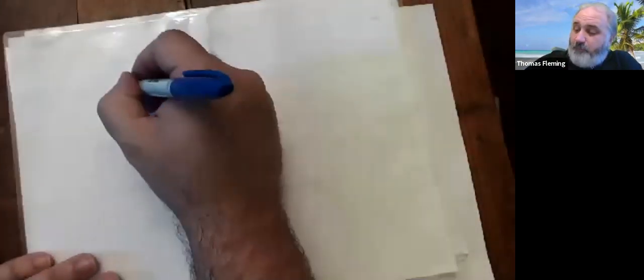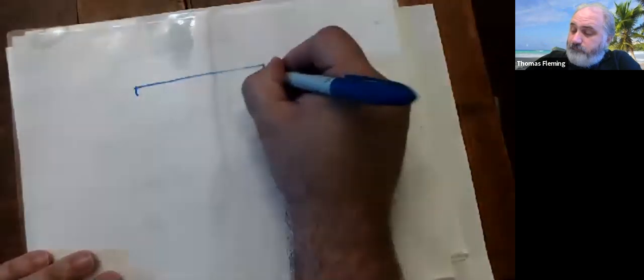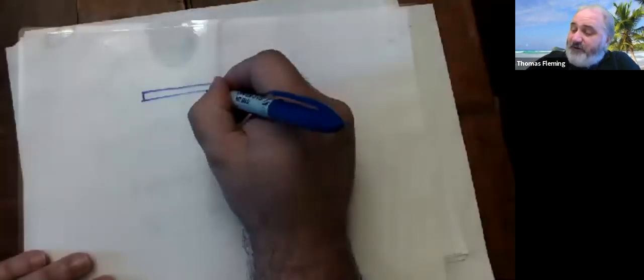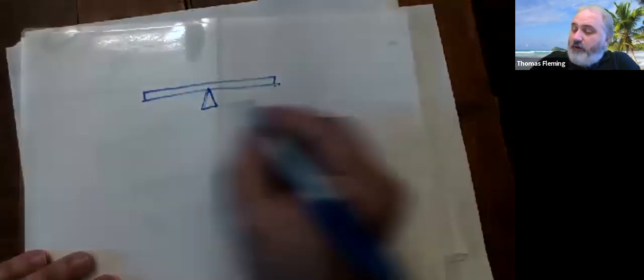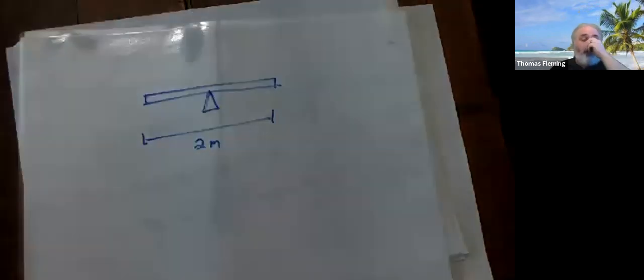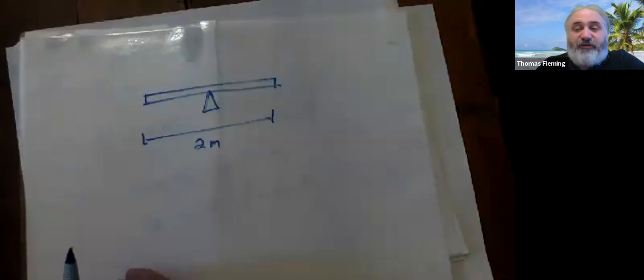I've got a seesaw, with a pivot in the center of the seesaw. The seesaw itself is, let's say, 2 meters long. And I'm going to have 2 kids sit on opposite sides of the seesaw and generate some torque.